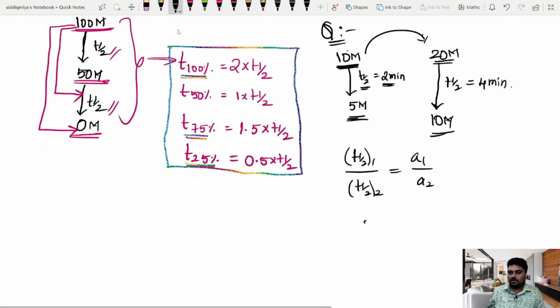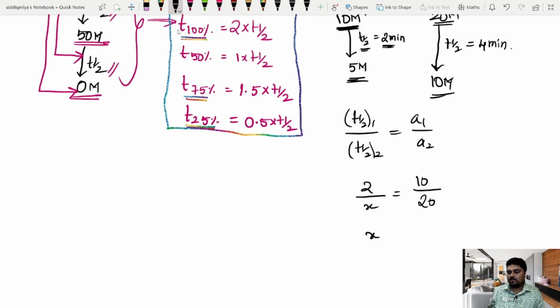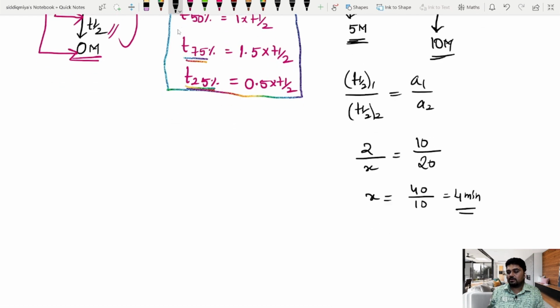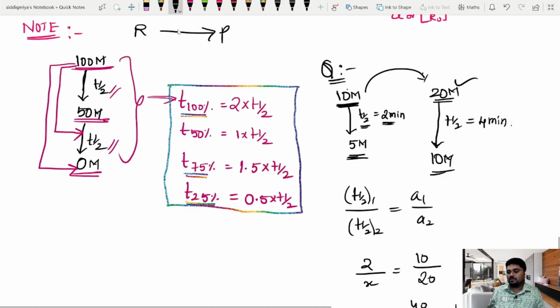T half of 1 was 2 minutes, and T half of 2 we have to find out. Initial concentration A was 10, and in the second case 20. Then X is equal to 40 by 10, so you will get 4 minutes. Clear? Like this you can see.